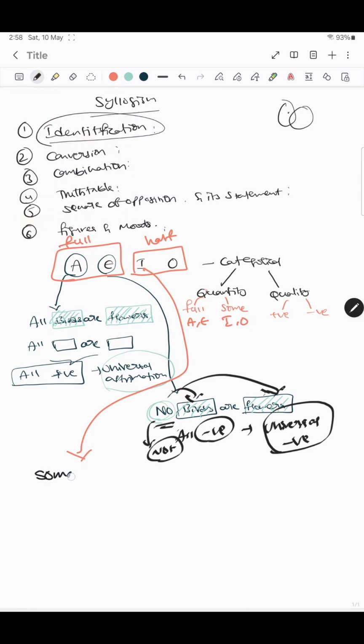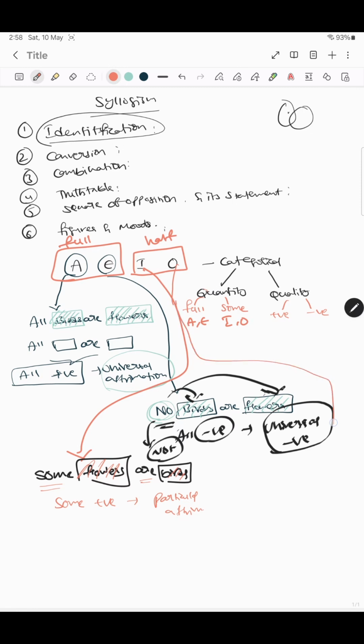So, some flowers are buds. Again these two are arbitrary in nature, so I can put anything in here. Here some is there, there is no negative word, so I am taking it as some positive. In their terms, it is called particular affirmation.